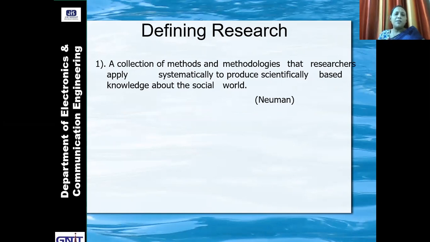So, defining research. Now, Newman has defined research in this way. First point: a collection of methods and methodologies that researchers apply systematically to produce scientifically based knowledge about the social world. Social world means it may be technical, it may be environmental, that is, all of us are related by a social relation.